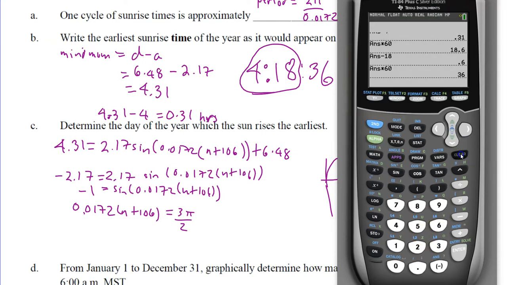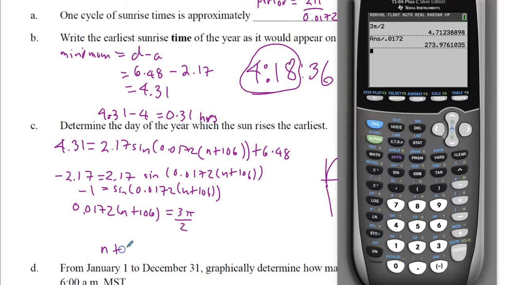So I'm going to take 3 pi divided by 2 and divide that by 0.0172. So that gives us n plus 106 is about 274.